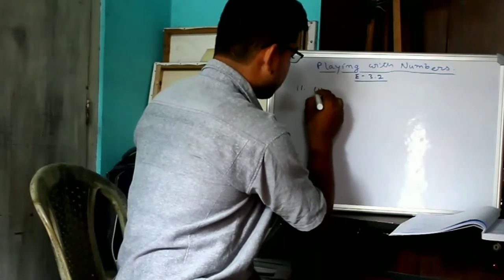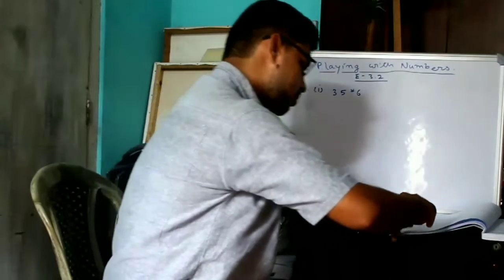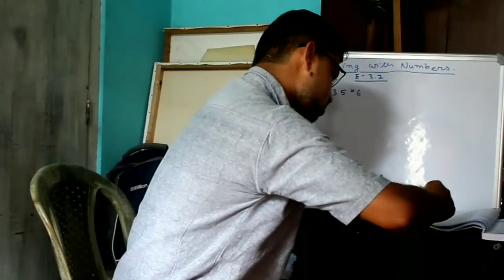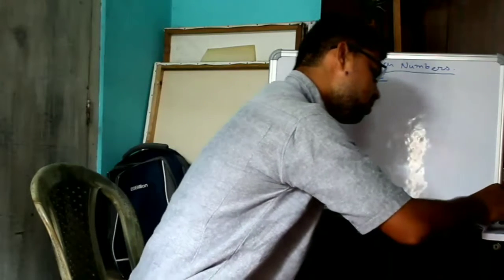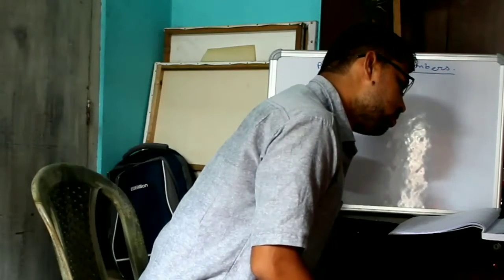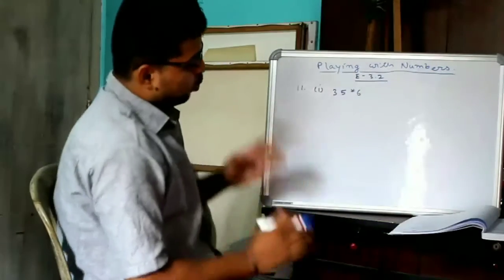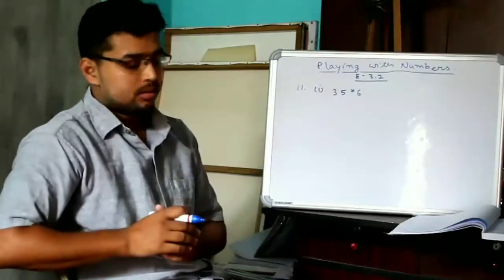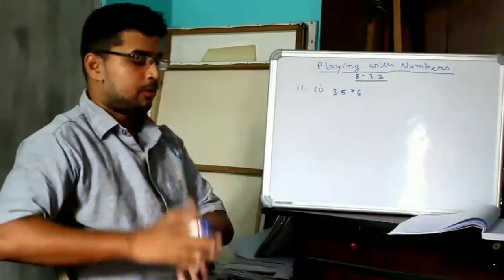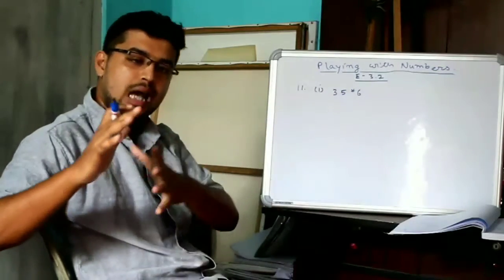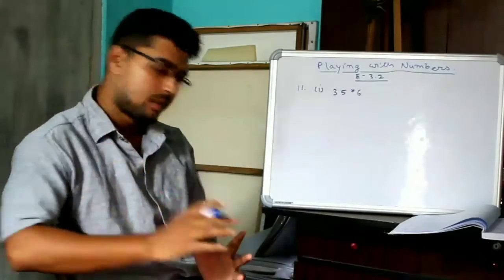Number 1. To make this number a multiple of 11, the difference between the sum of odd-place digits and the sum of even-place digits should be 0 or a multiple of 11, then the entire number will be a multiple of 11.